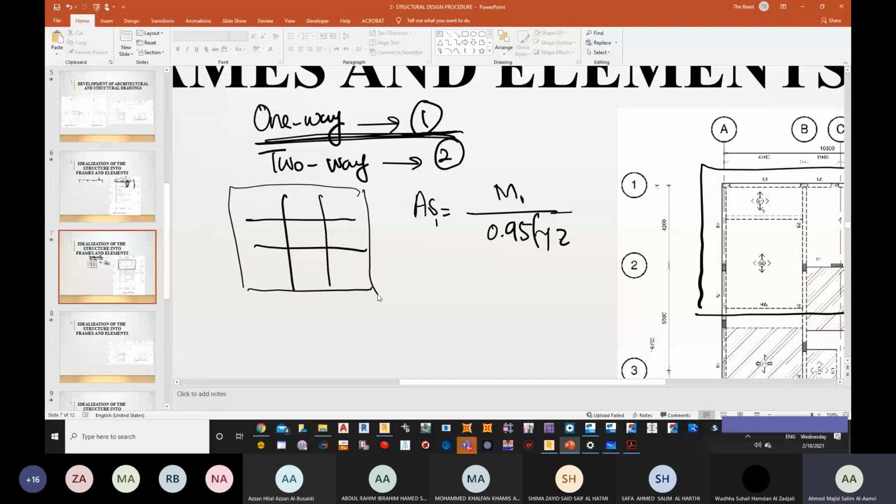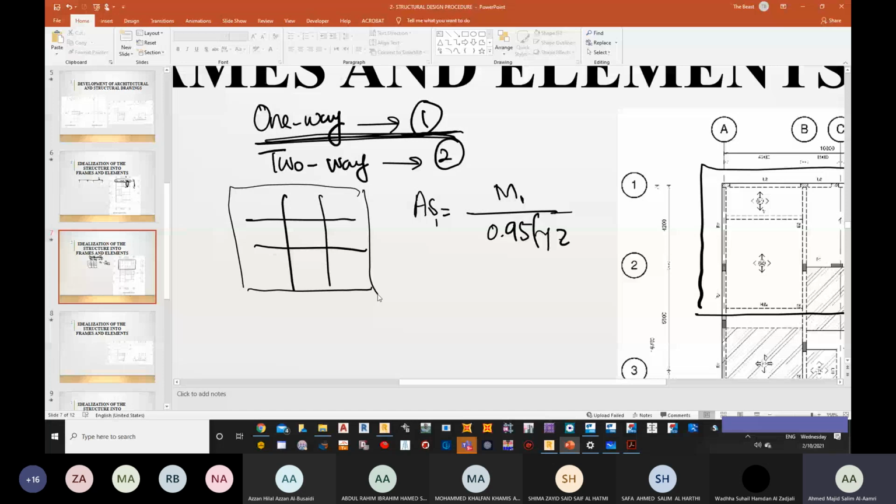Okay. Now, if we try to draw the free body diagram for these particular slabs, you can see now one-way slab normally is bending along the short or along the long direction. One-way slab, short direction.